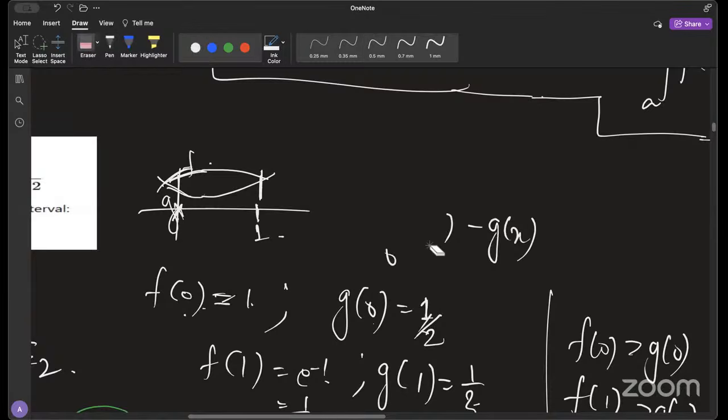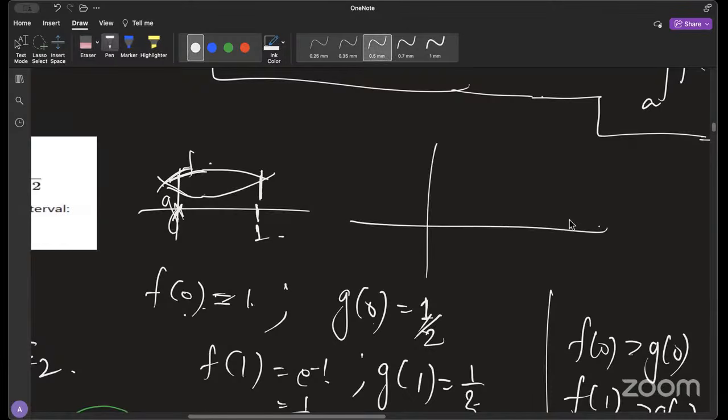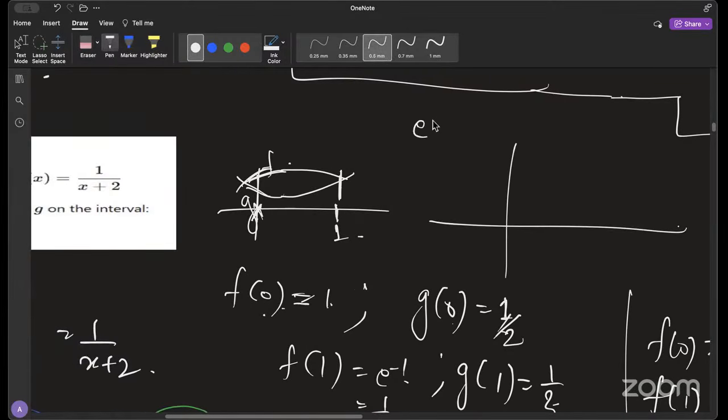And if you actually want to see how the graph looks, because these are pretty simple graphs, you should know it. The graph of e to the power minus x looks like this. If someone knows how the graph of e to the power x looks, then you should know how e to the power minus x looks graphically.